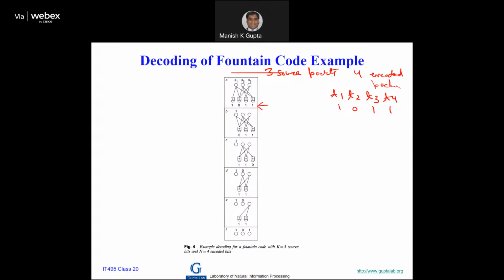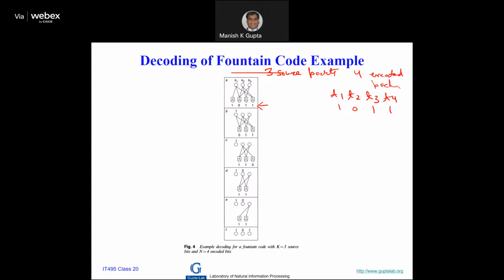How many edges are connected to T1? T1 is 1, T2 is 0, T3 is 1, T4 is 1, right? Which one has only one edge? T1, right? Because the others have 3, 2, and 2. So T2 has 3 edges, T3 has 2 edges, and T4 has 2 edges. So I look at check nodes T1, T2, T3, T4 and see which one has only a single connecting edge.